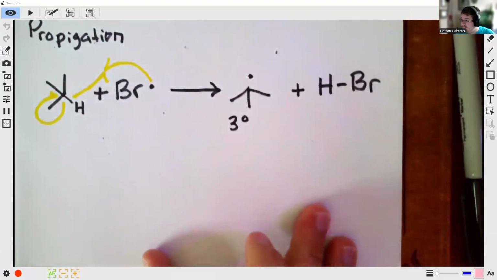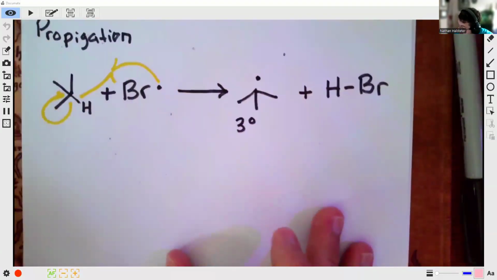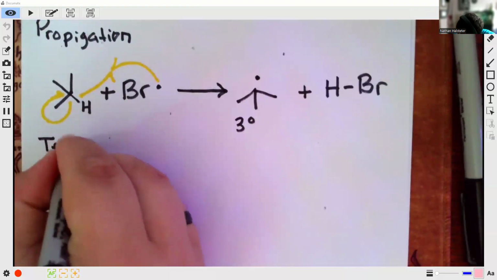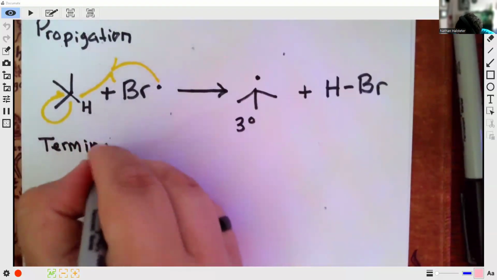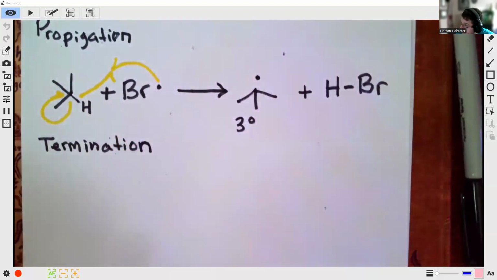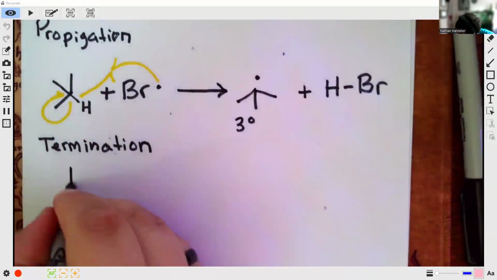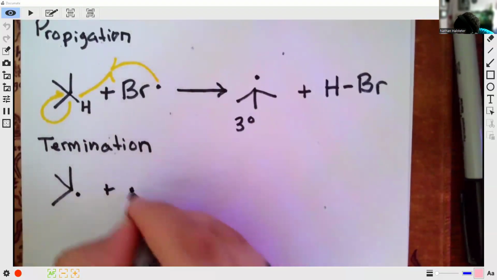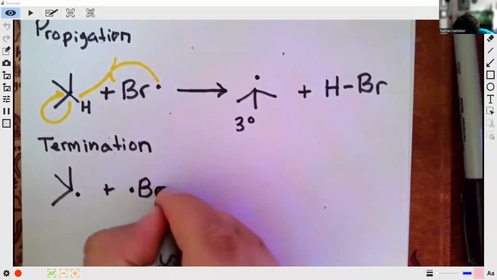For our last step, it starts with a T, termination. In this step, we start with 2 radicals and end with no radicals.